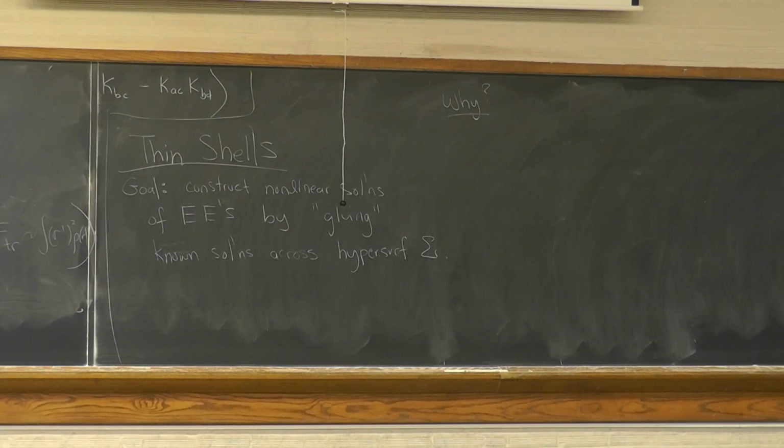There are kind of two ways to do it. One is numerics, and the other is by using thin shells like this. There are a few exceptions, but most of the nonlinear solutions of the Einstein equation that I know of which are not stationary, the ones with real dynamics, are some form of these gluing solutions that I'll describe.